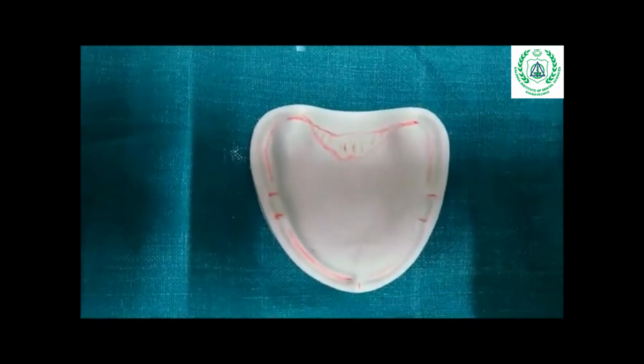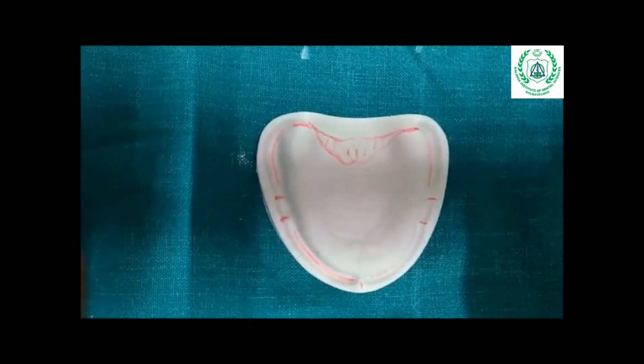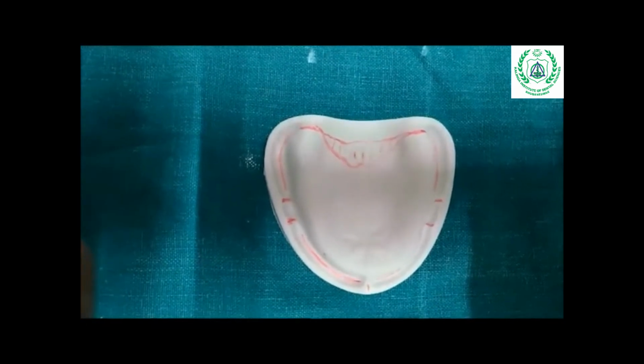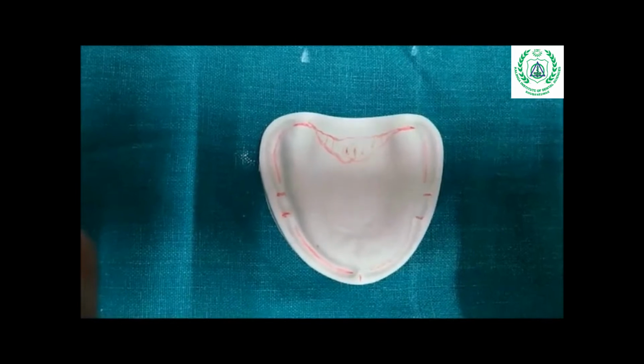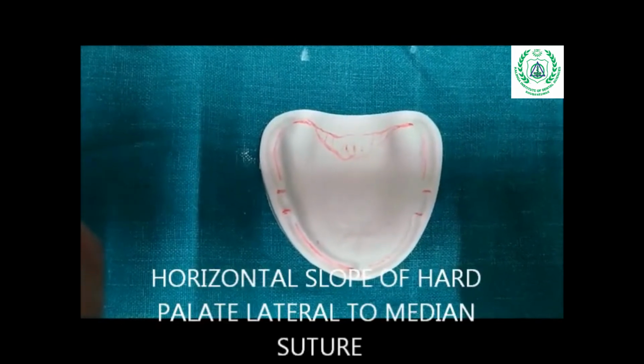Coming to the supporting structures, first is primary stress bearing area. Primary stress bearing area is the horizontal slopes of hard palate lateral to median suture.